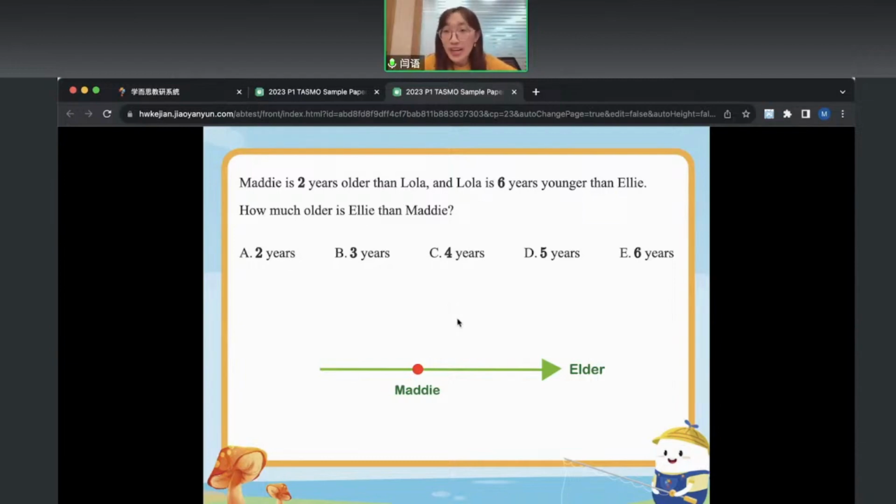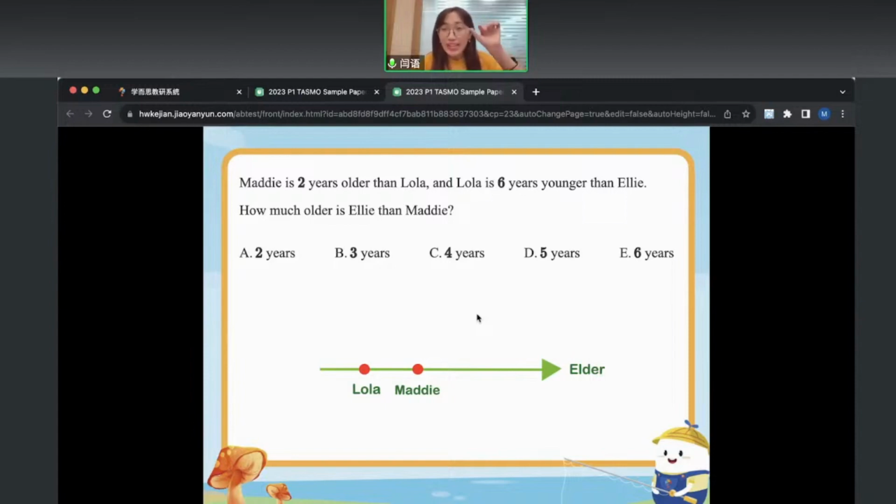So where is Lola? Is Lola on the left side or on the right side of Maddie? 注意我们在右边的部分代表的是谁的年龄更大。那我们现在知道 Maddie 她比 Lola 要大2岁，所以 Lola 在哪里呢？Lola 应该更年轻，那就是在左边。Okay, so here you can draw it. This is for Lola.